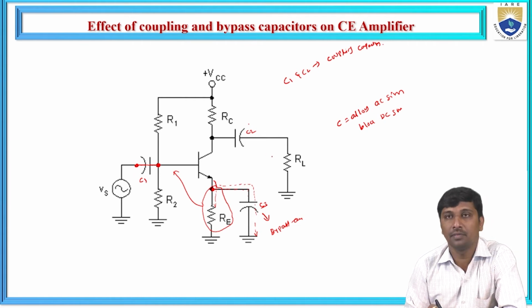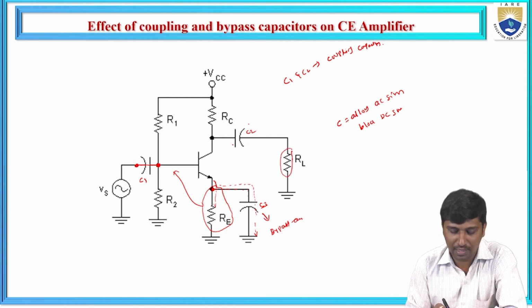Similar to that, we need to measure the output parameter across the load resistance. Under this AC signal, C2 also acts as a short circuit. Whenever it is a short circuit, RL is connected to this output node, so RC is connected with RL at the output side.